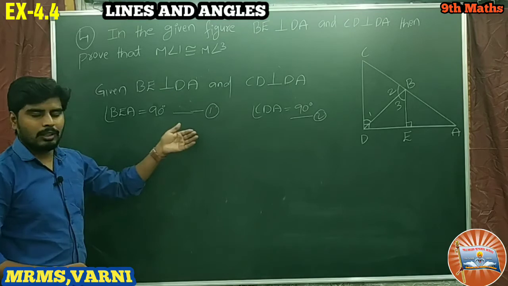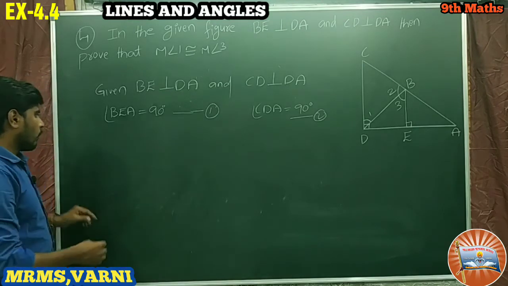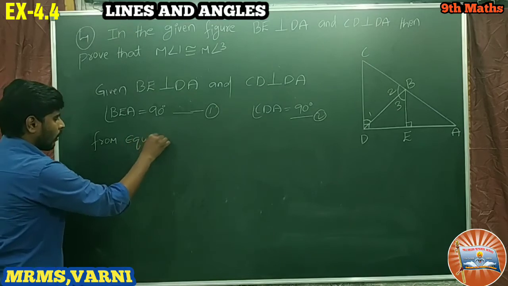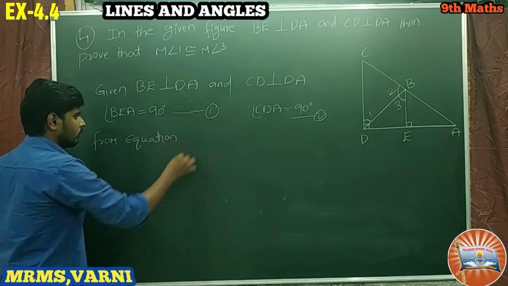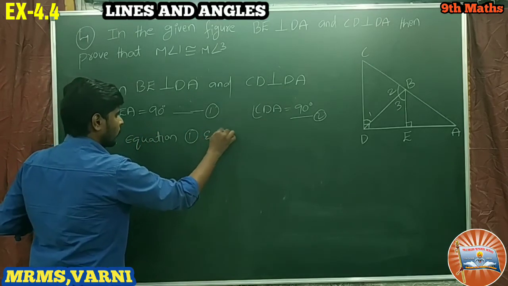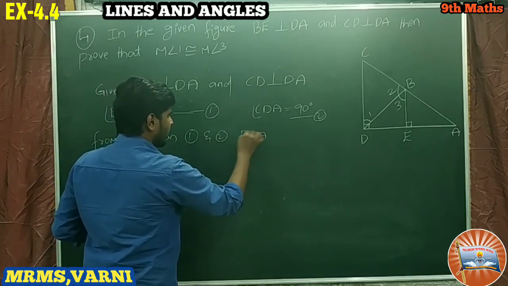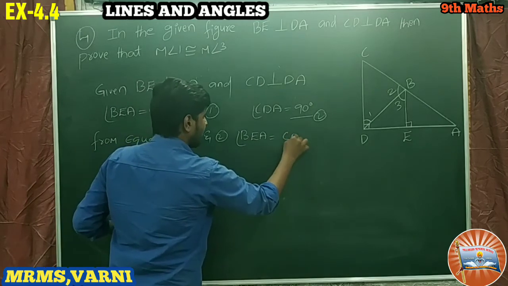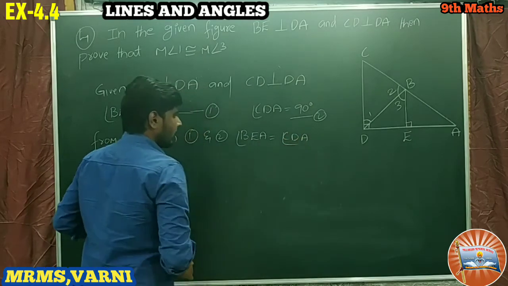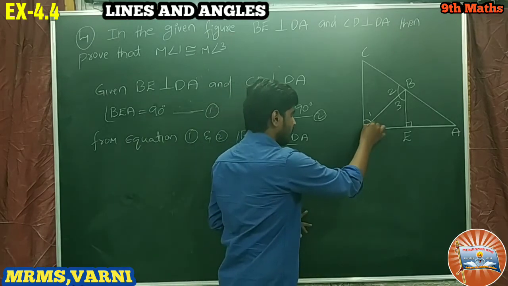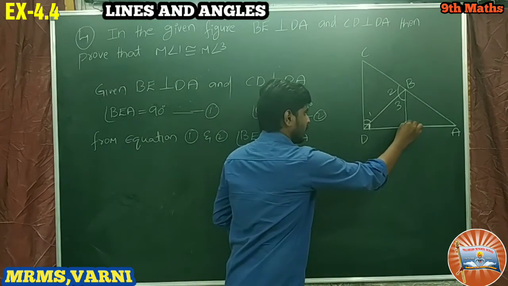We can equate the left-hand sides also. From equations 1 and 2, angle BEA is equal to angle CDA, this angle as well as this angle.